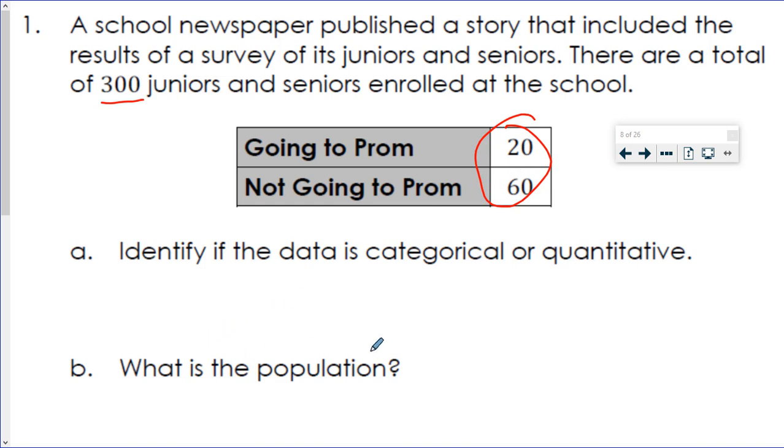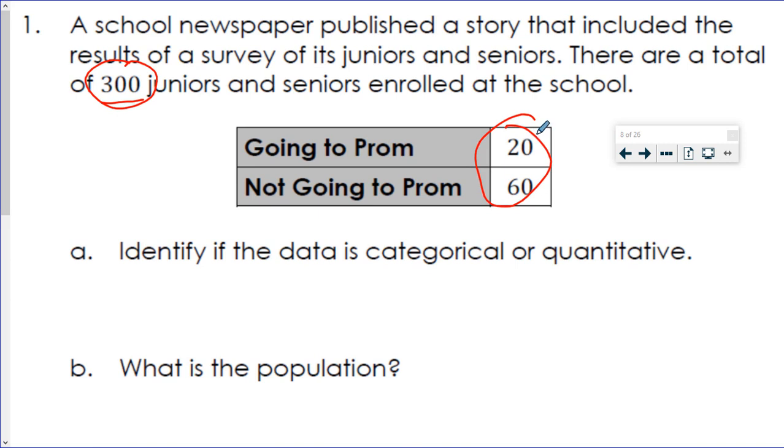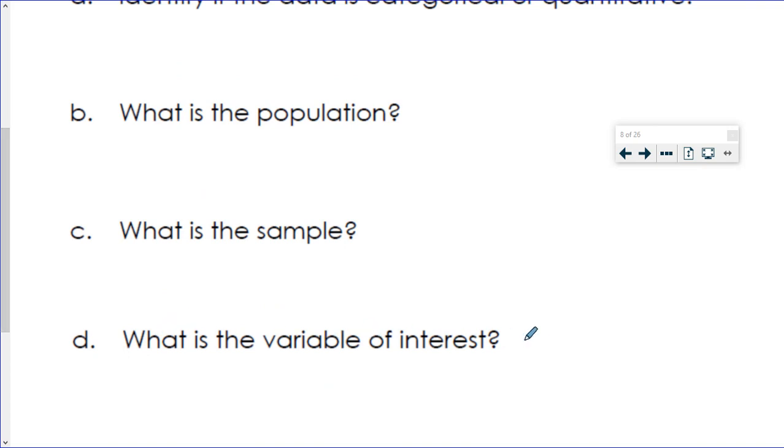All right. Now, what is the population? Again, the population is everyone. So that would be these 300 juniors and seniors. That is the population. What is the sample? Hopefully, you realize it's these 80 people. All right, that is the sample. What is the variable of interest?